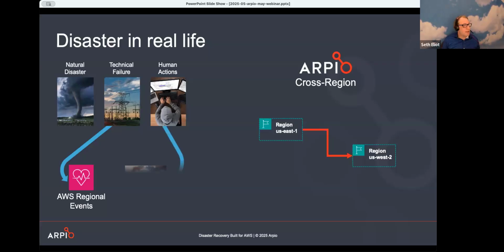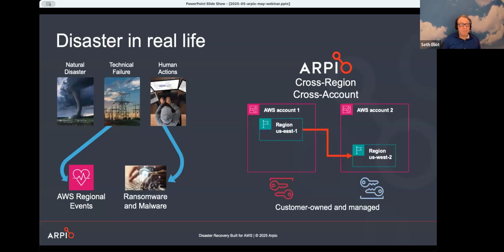Now, the other thing that we tend to see is ransomware and malware. It's on the rise, actually, with a 21-day average recovery. Ransomware and malware is something you want to be protected against. And RPO provides the ability to fail over cross account. Why is this important? Because if you're attacked by malware or ransomware, that means the attackers have gained access to your primary account.